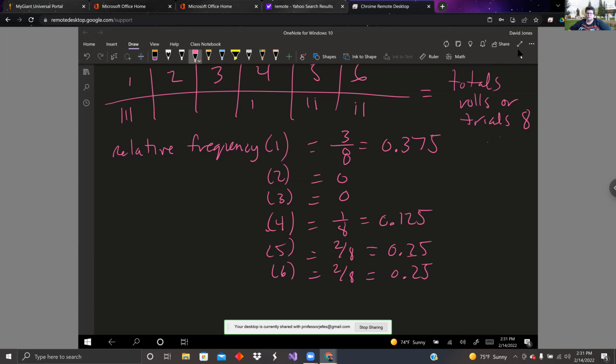These are relative frequencies. These do not represent the probability of me rolling a 1, 2, 3, 4, 5, or 6. So that's how relative frequencies differ from probability.